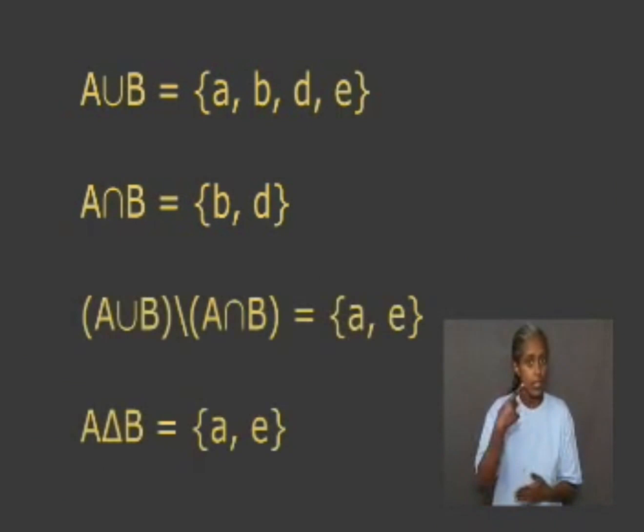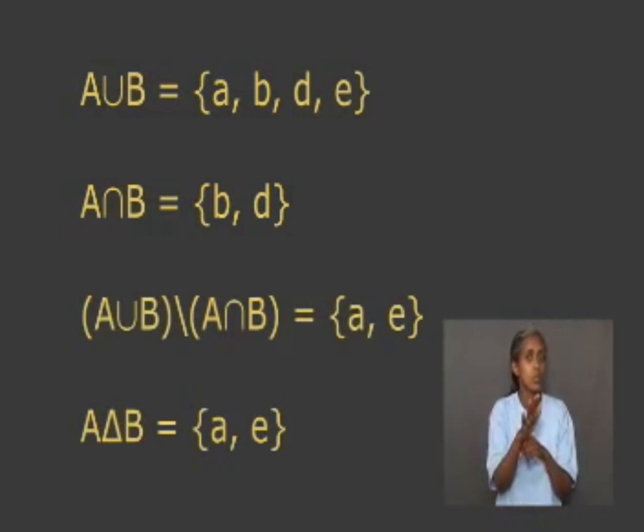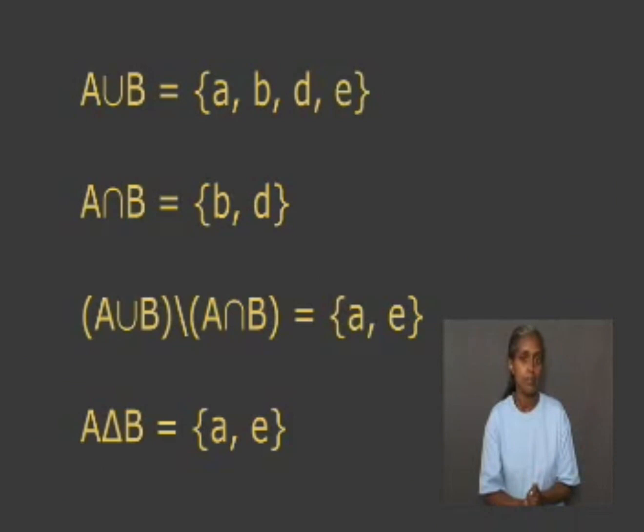Next, we find the complement of the intersection relative to the union. This is the set containing A, E, which is equal to the symmetric difference.